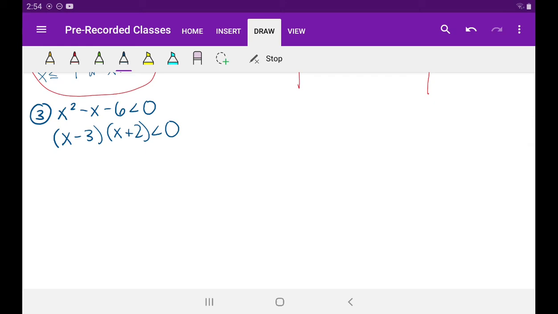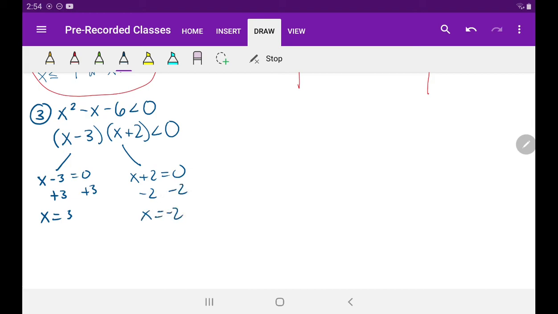Now, what I can do is separate these: x - 3 = 0 and x + 2 = 0. I solve each one, and x is 3, and x is negative 2. Then we can put 3 and negative 2 on a number line.